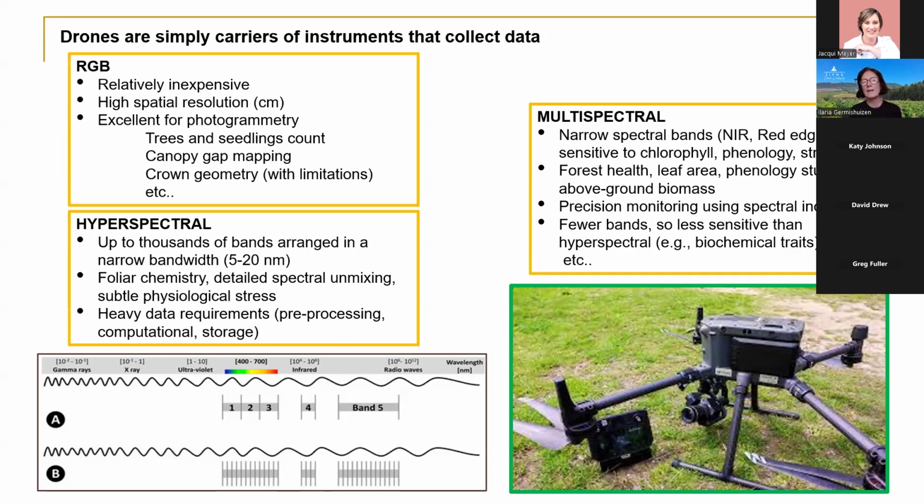The multispectral sensors cover the near infrared and red edge, which are outside our visual spectral area. They are very sensitive to the chemical components of plants, for example chlorophyll concentration, which is important for collecting data about the phenology of the trees and about stress. Those are the sensors we mainly use when we look at forest health.